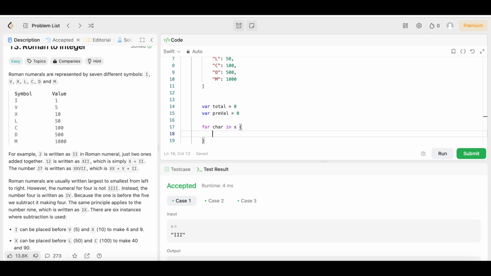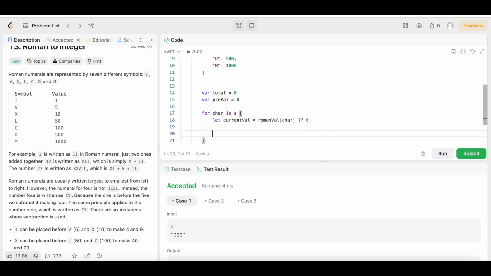For char in s, we're going to say let current val be equal to the Roman val of char, short for character. Now the default, set that to 0.